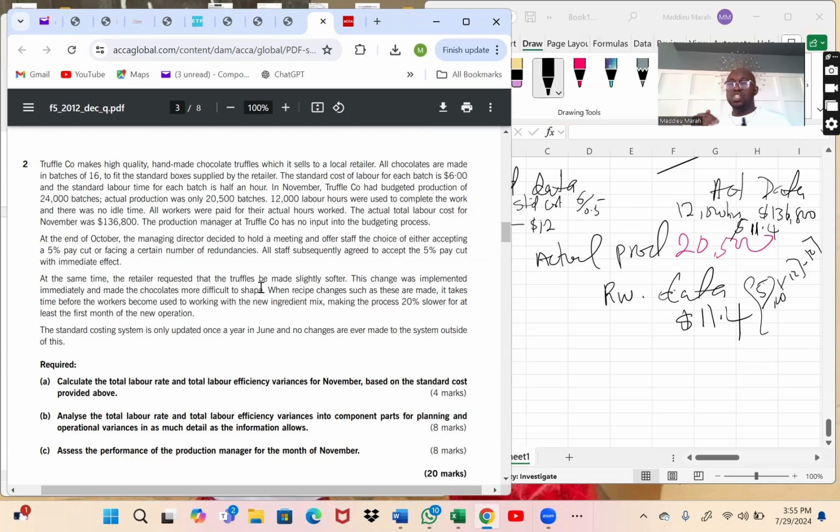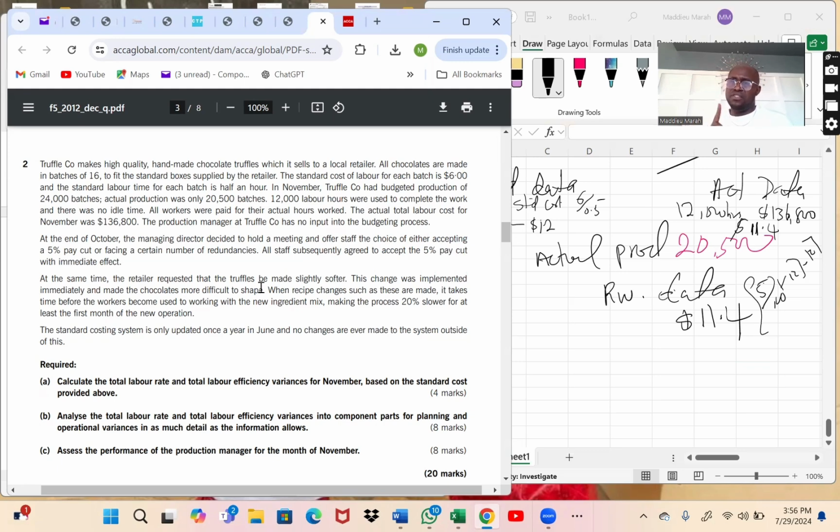So they have brought some changes in the chocolate, made the chocolate more difficult to shape. Is that okay? When recipe changes such as these are made, it takes time before the workers become used to working with this new ingredient mix, making the process 20% slower labor hour.